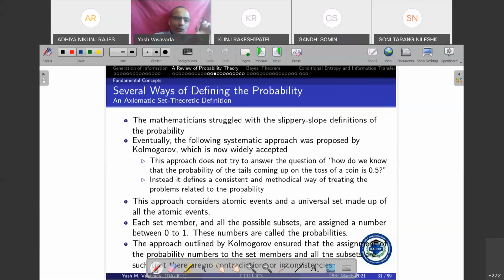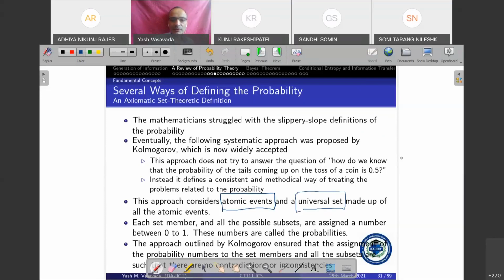So what Kolmogorov said is that the most fundamental aspect of any question that deals with probability is this concept of atomic events. And then he said that there is a universal set made up of these atomic events.